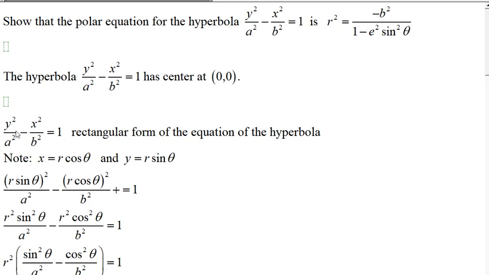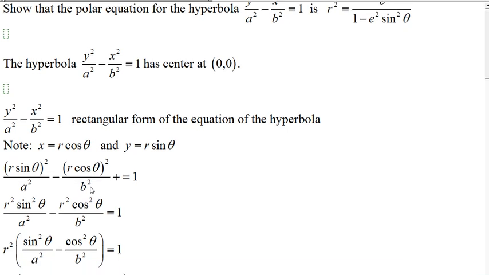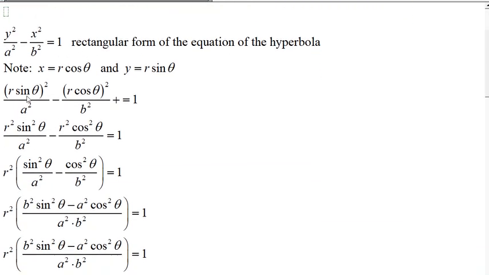In the place of y, we have r sine theta. In the place of x, we have r cosine theta. Simplifying, we have r squared times sine squared theta, and here we have r squared times cosine squared theta.